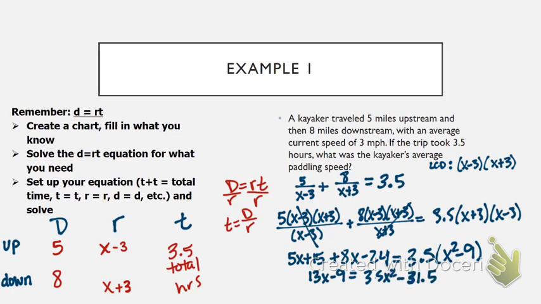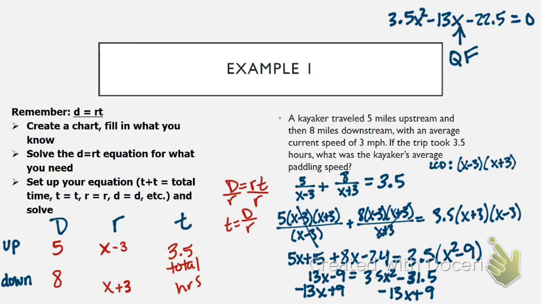Since I have a quadratic, I need everything on the same side as the quadratic. I've kind of run out of room here, but I'll go to the top. So I've got 3.5x squared minus 13x minus 22.5 equals 0.